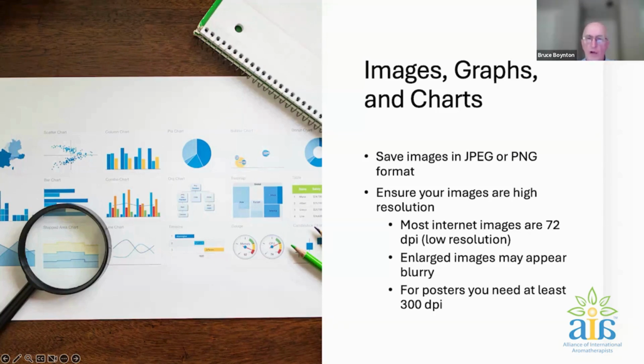And if you enlarge these, as you must for a poster, they'll either look blurry or jagged. You don't want that. So use high resolution images, and that means like 300 dots per inch for any illustration that you use. Next slide.